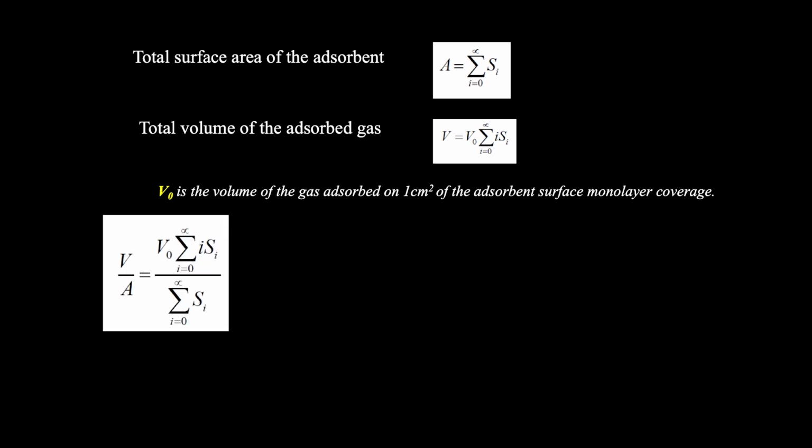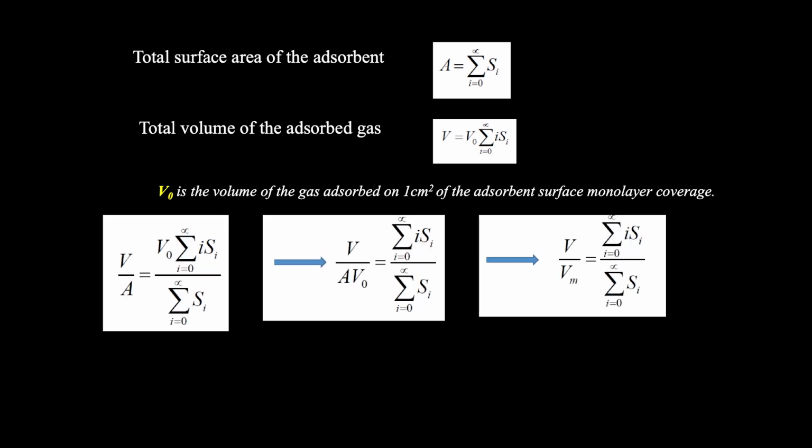Now considering V by A, we can write it as V by A equal to V0 into sigma i equal to 0 to infinity i Si divided by sigma i equal to 0 to infinity Si. Rearranging this equation, we get V by A V0 equal to sigma i equal to 0 to infinity i Si divided by sigma i equal to 0 to infinity Si.